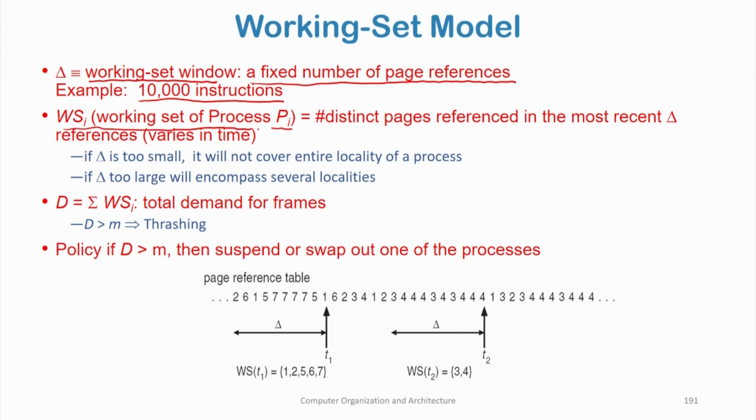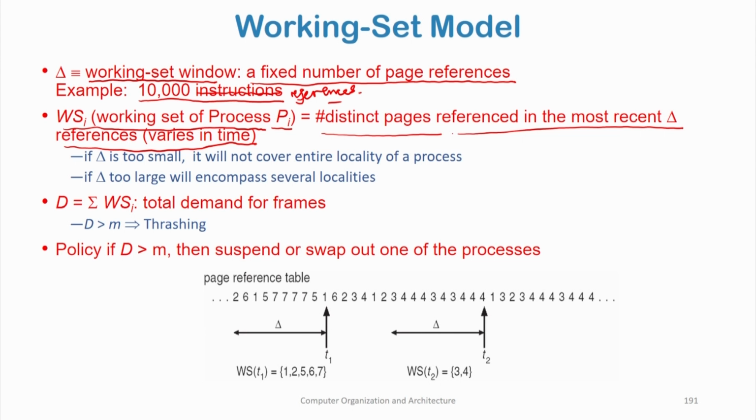WSi is the working set of process i. It is defined as the number of distinct pages referenced in the most recent delta references. So, in the last 10,000 references, how many distinct pages were referenced? This will be called the working set of the process.